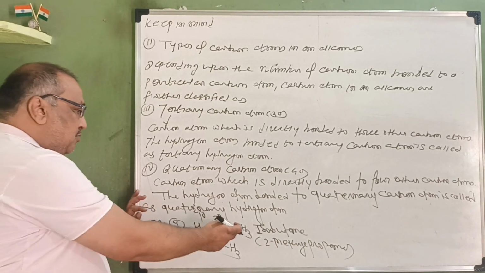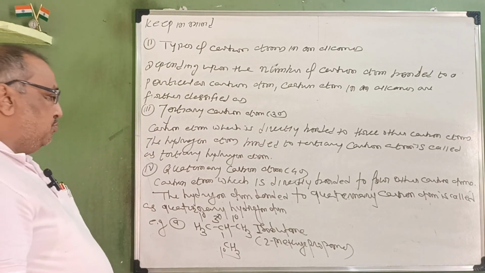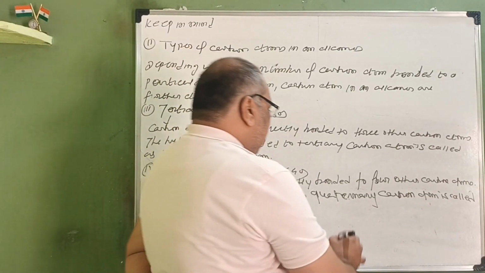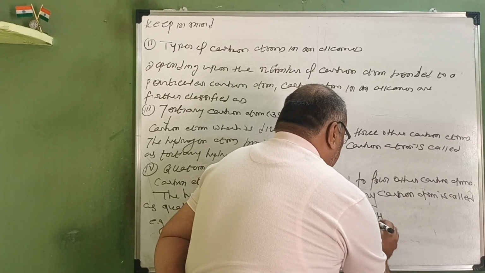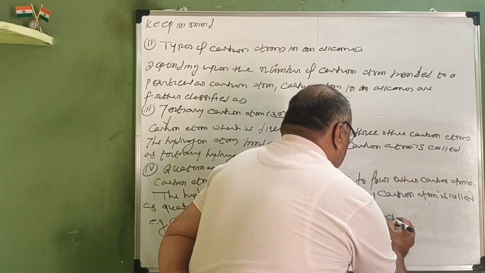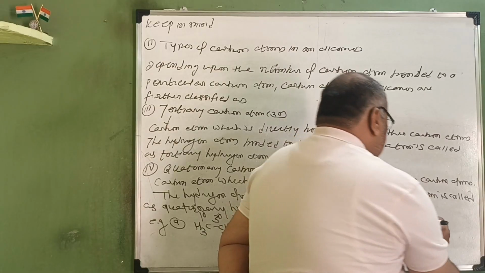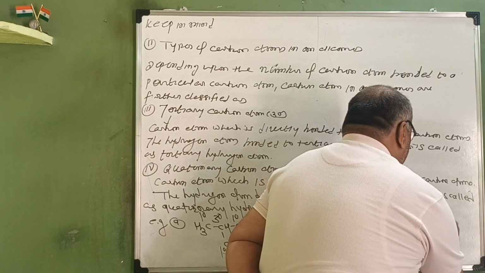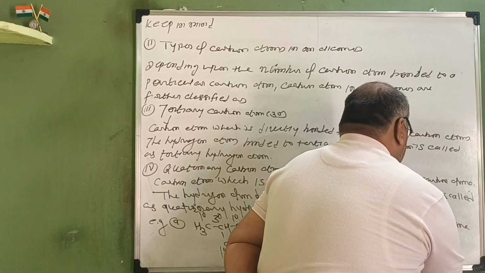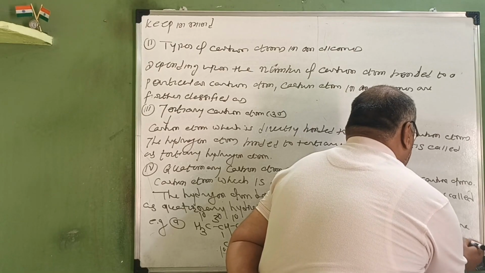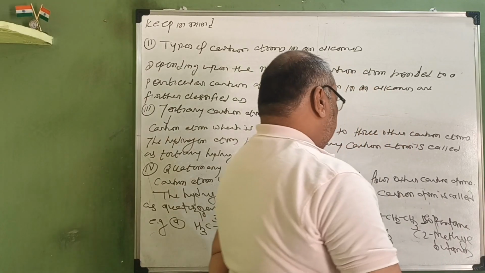This is bonded to only one other carbon, primary. In a similar manner, second example, isopentane, common name is isopentane and IUPAC name is 2-methyl-butane.